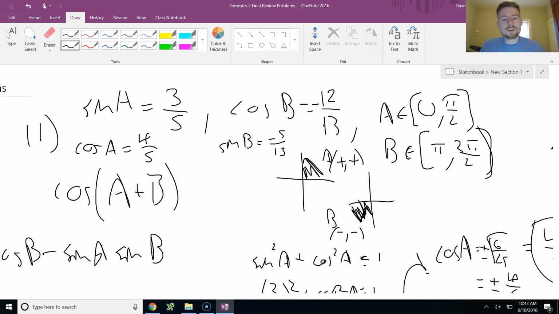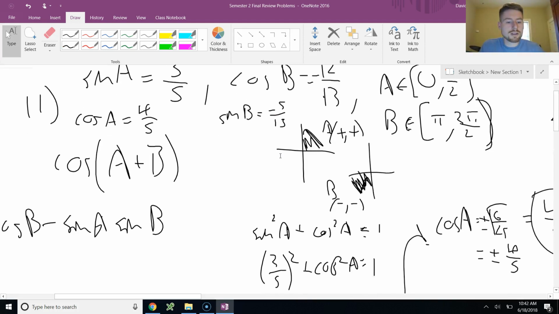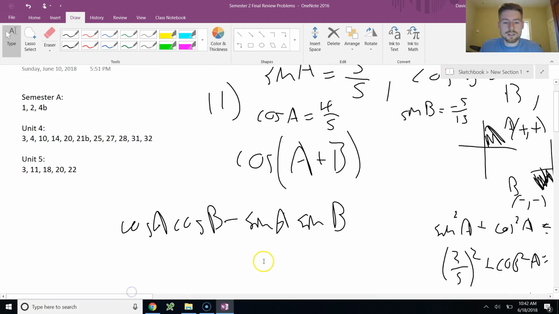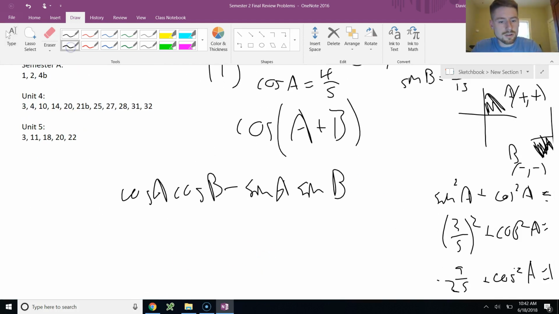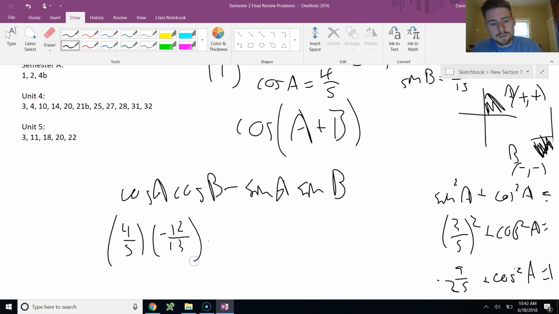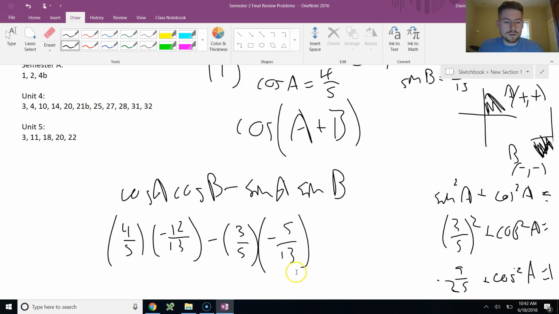So now we know sine A, cosine B, sine B, and we can use all those to find cosine of A plus B. So this is equal to cosine of A, which is 4/5, cosine of B, which is equal to negative 12/13, minus sine of A, which is 3/5, sine of B, which is negative 5/13. And we'll evaluate all this.